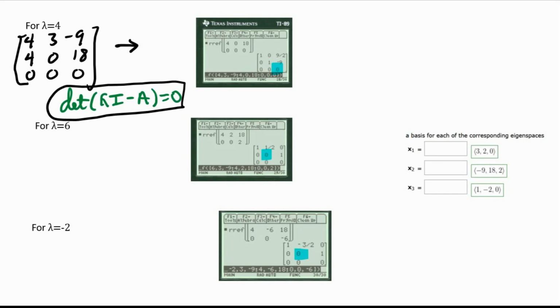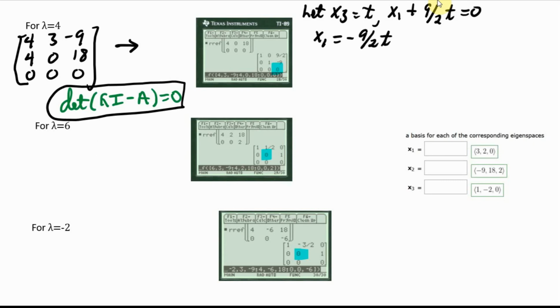So you let x sub 3 equal to t. Now the first equation is x sub 1 plus 9 over 2 x sub 3, but that's t, is equal to 0. So we get x sub 1 is equal to -9 over 2 t.